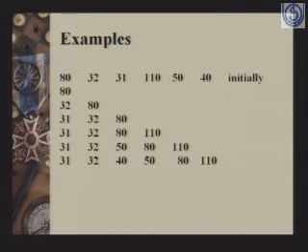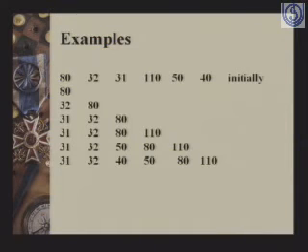Once this sublist is already sorted, we pick up the next element, and the next element is 50 in the initially given list. What we do? We will compare it with the last element, which was 110, and because 50 is less than 110, therefore 50 cannot remain in its original position, rather it has to be on the left.